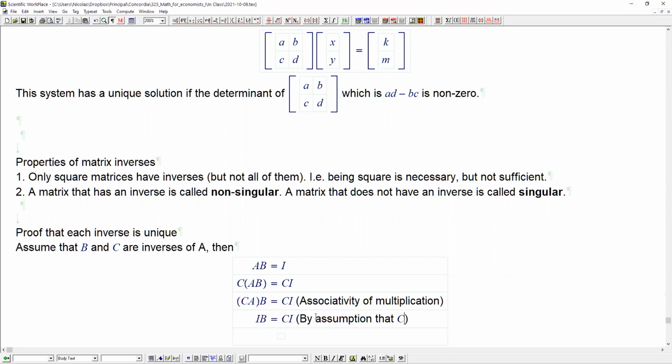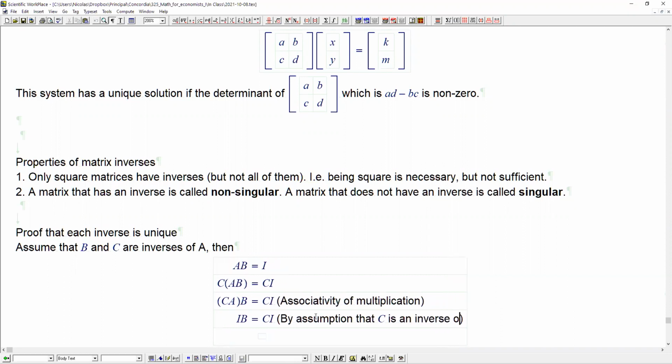C is an inverse. And then of course I get that B equals C.